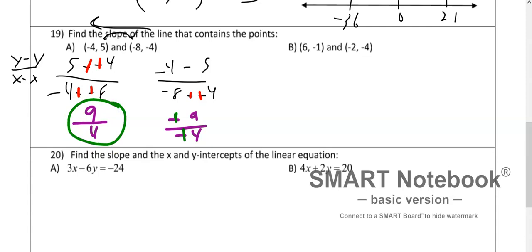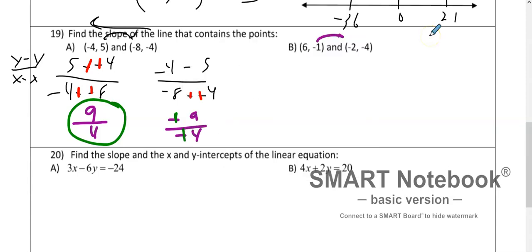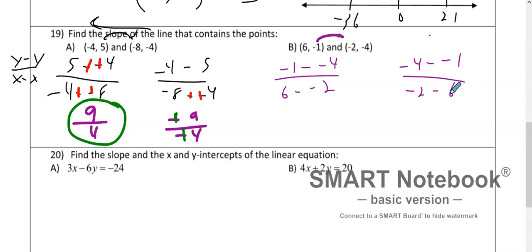All right, so going this direction, I'm going to have negative 1 minus negative 4. Very careful here with those double negatives. And 6 minus negative 2. Otherwise, I could have done negative 4 minus negative 1 and negative 2 minus 6.